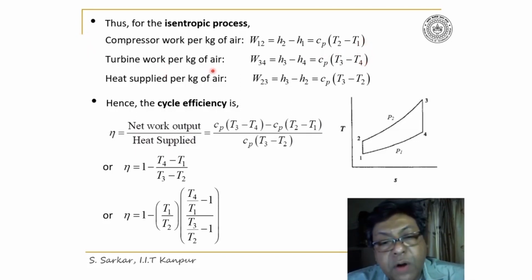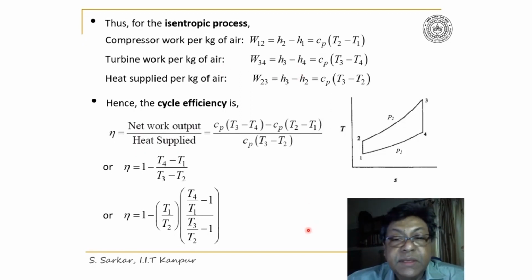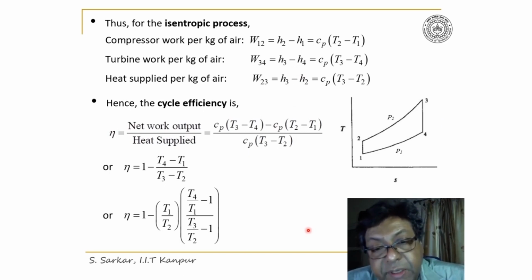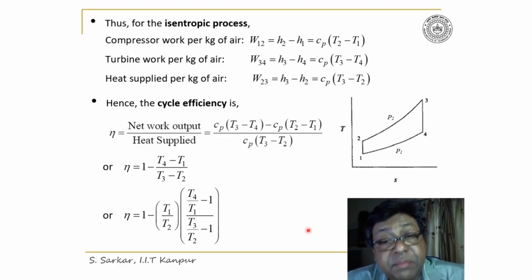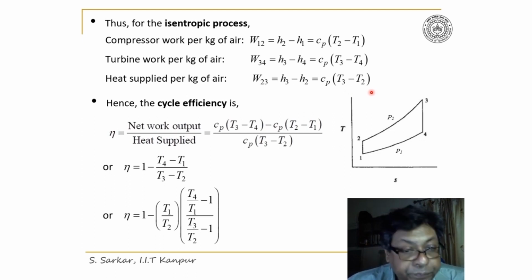Similarly, turbine work per kg of air can be given as H3 minus H4, that will be Cp into (T3 minus T4). Heat supplied per kg of air would be H3 minus H2, that is Cp into (T3 minus T2).